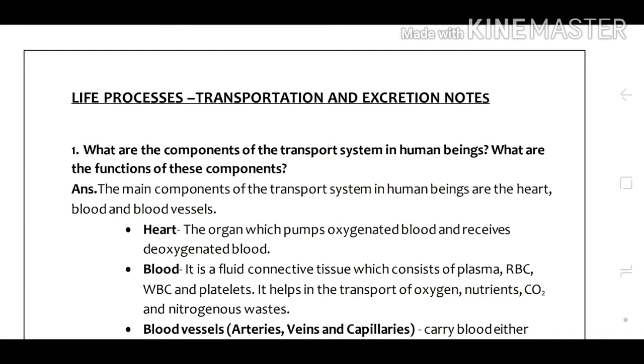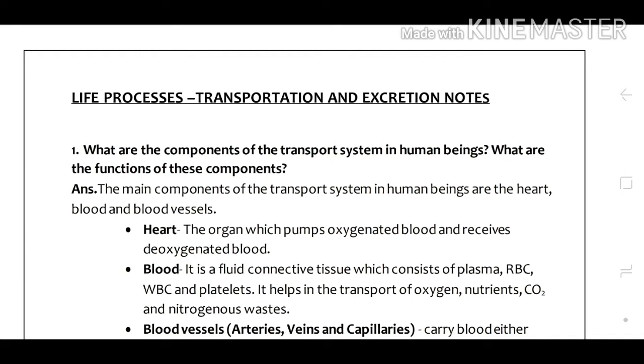Answer. The main components of the transport system in human beings are the heart, blood and blood vessels. Heart: the organ which pumps oxygenated blood and receives the deoxygenated blood. Blood: it is the fluid connective tissue which consists of plasma, RBC, WBC and platelets.